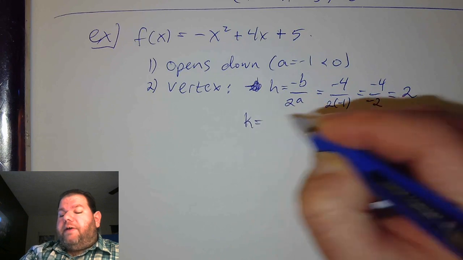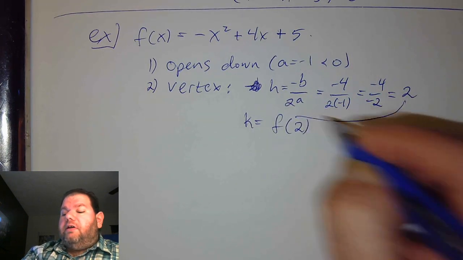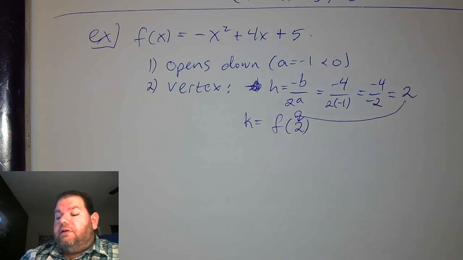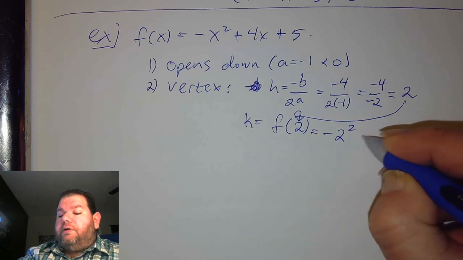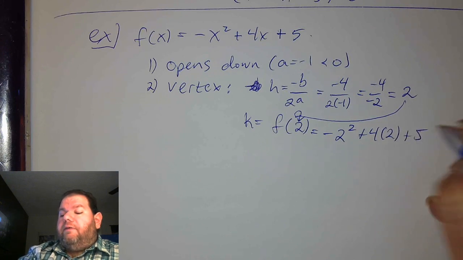And then our k value, we take that 2 that we just got and plug it back into the function. So negative 2 squared plus 4 times 2 plus 5.